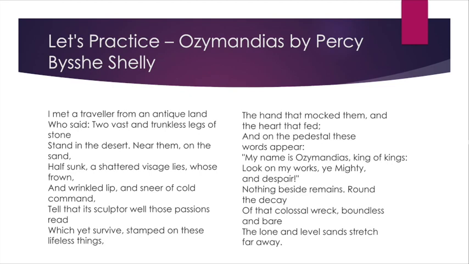And on the pedestal these words appear: My name is Ozymandias, King of Kings. Look on my works, ye mighty, and despair. Nothing beside remains. Round the decay of that colossal wreck, boundless and bare, the lone and level sands stretch far away."